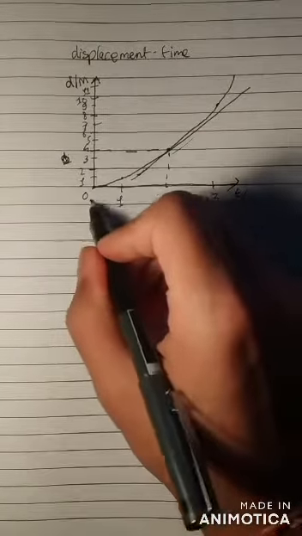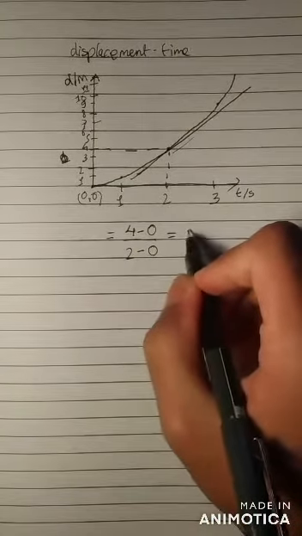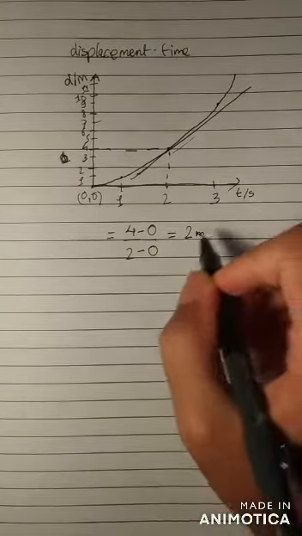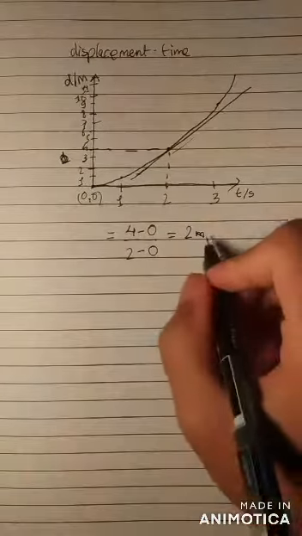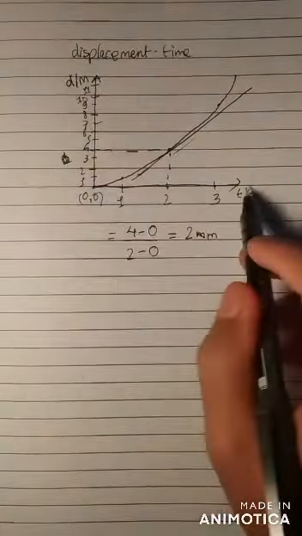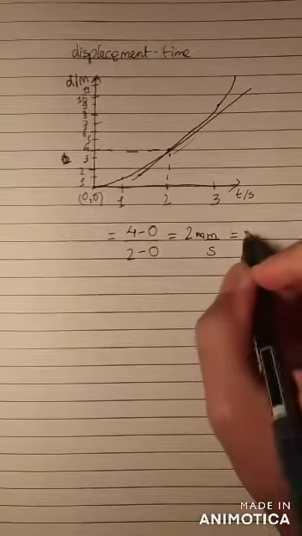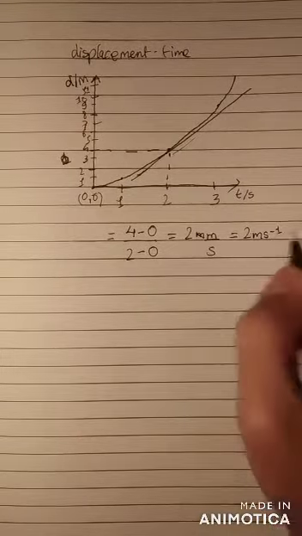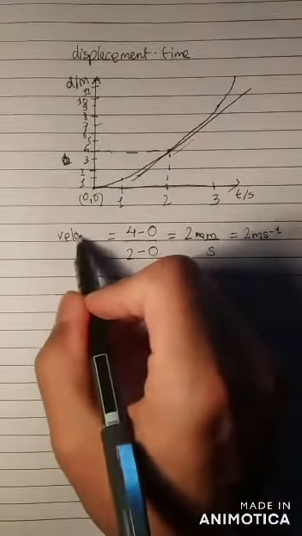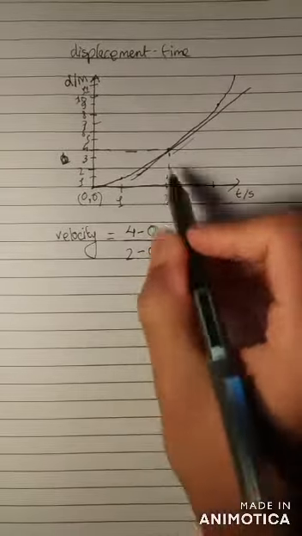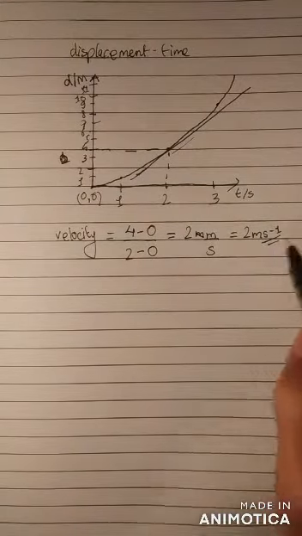This is 0, 0. This gradient happens to be 2, and the unit in y axis is meter, and the unit in x axis is second, so 2 meter per second. So this gradient happens to be the velocity at that time. At 2 seconds, my velocity was 2 meters per second.